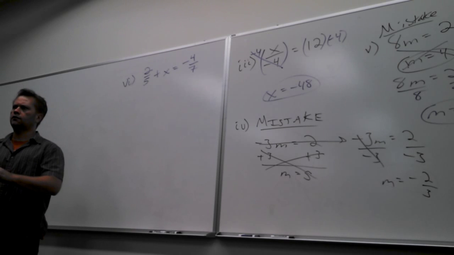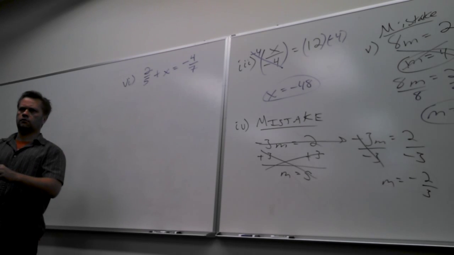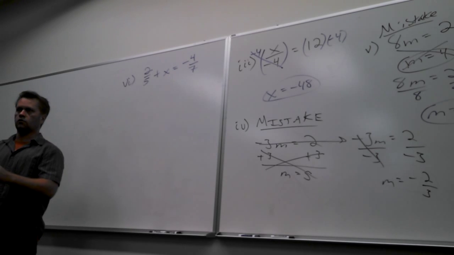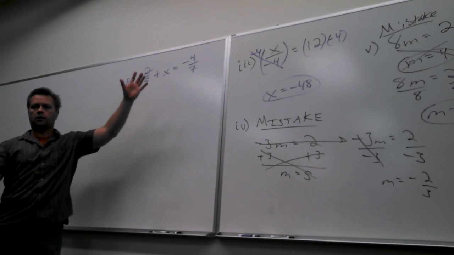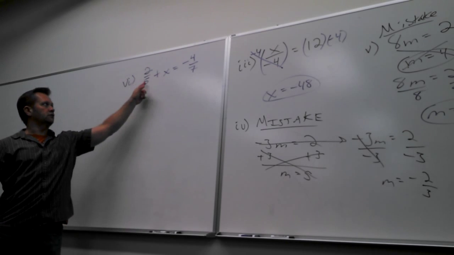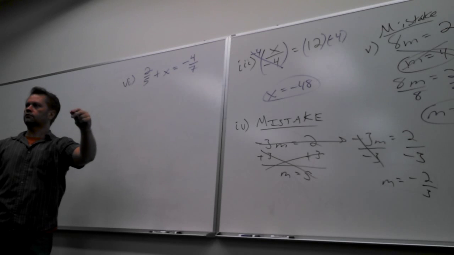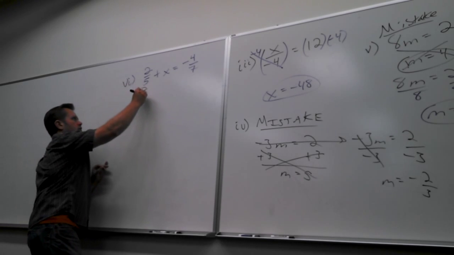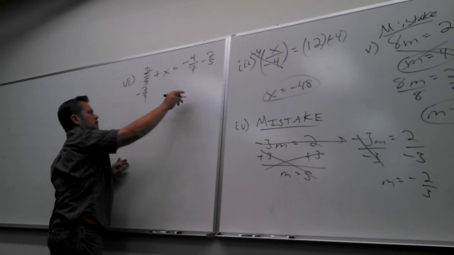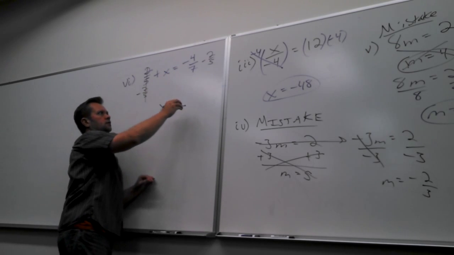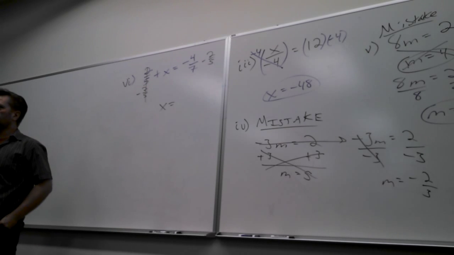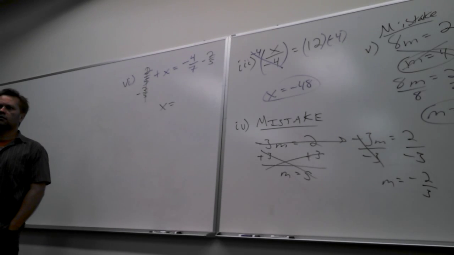All right, so how do I solve this? You subtract 2x. All my x's are right there. In fact, it doesn't even have a coefficient, so if I can just get rid of this 2/5, I'll be done. So if I subtract 2/5, now what do I have to do? This is an example of an easy one, because what do 5 and 7 have in common?